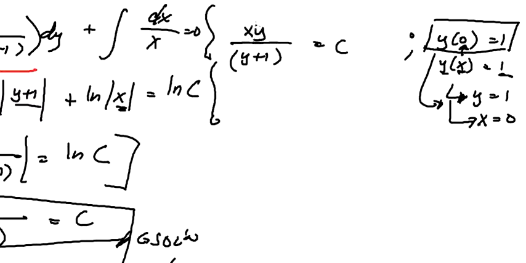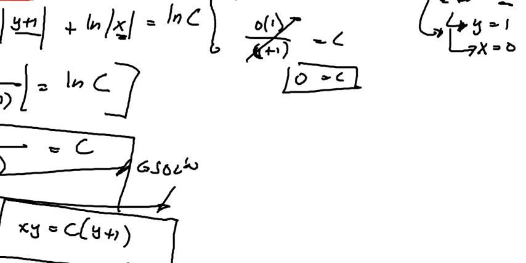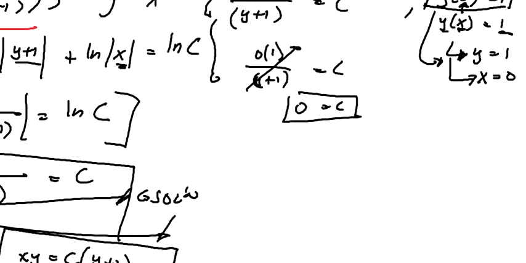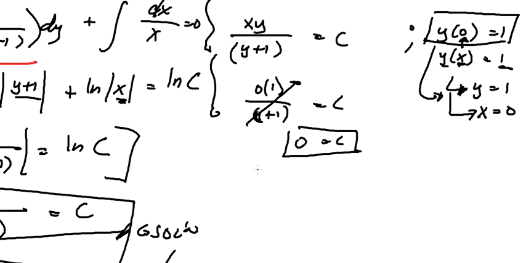So if x = 0, then we have 0 times 1 over 1 + 1 equal to c. So this part here is 0, therefore our c is just 0. Then the solution is that xy/(y + 1) is just equal to 0.